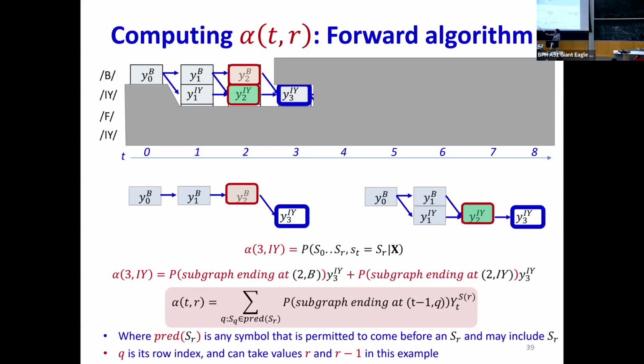So the total probability of all paths that end up at this node is going to be the sum of the product of the total probability of all paths that go here and transition to this one, plus the total probability of all paths that end up here and transition to this one here. What is the total probability of all paths that end up here? Anybody? Using the same notation.